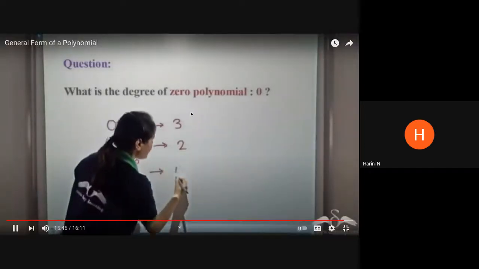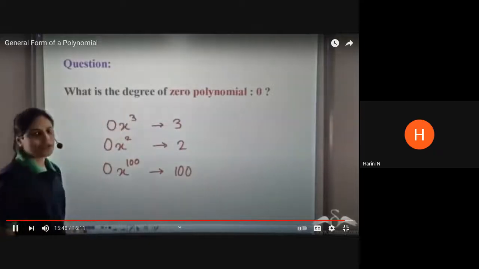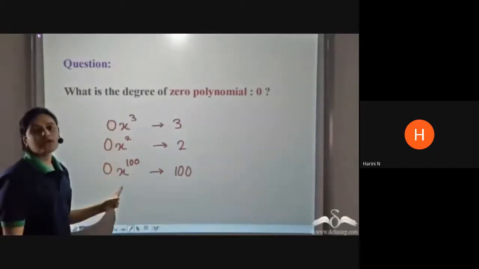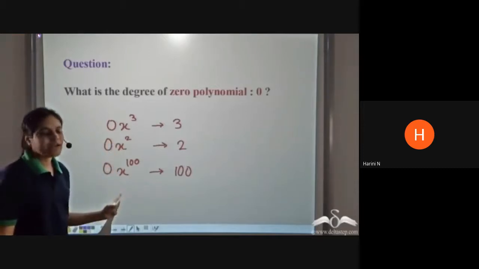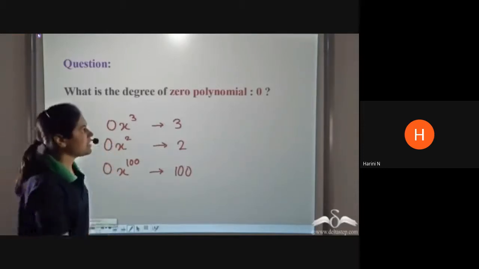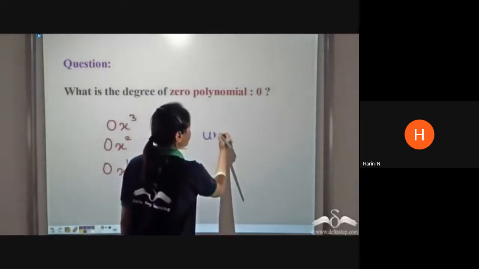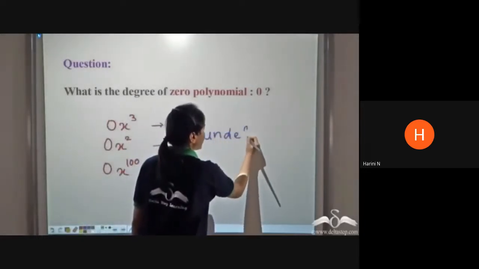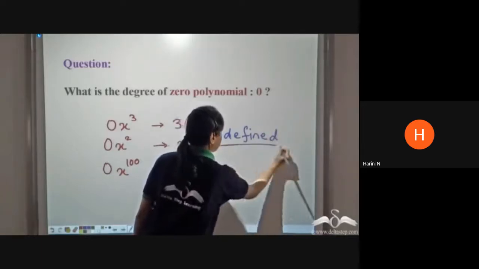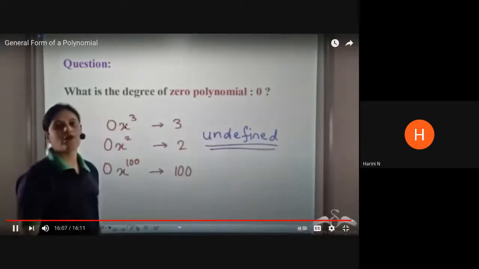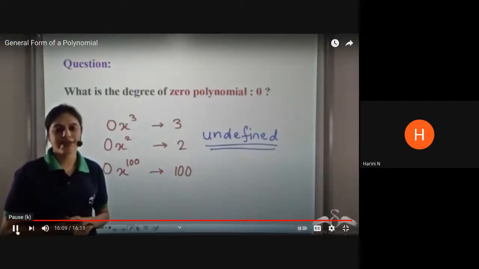In this case, the degree will be 100. So actually, we cannot say for sure what the degree of the 0 polynomial is. And hence, we say that the degree of the 0 polynomial is undefined. So the degree of the 0 polynomial is not defined.